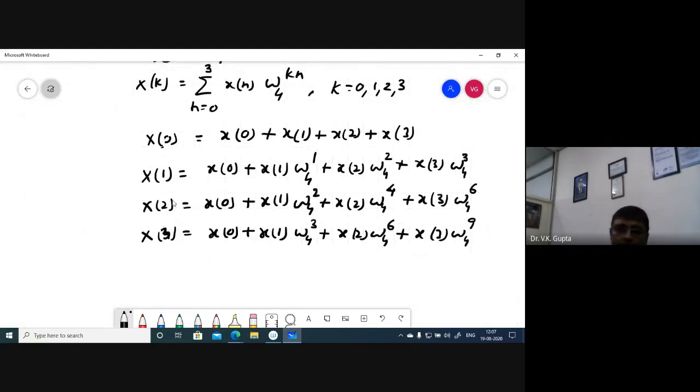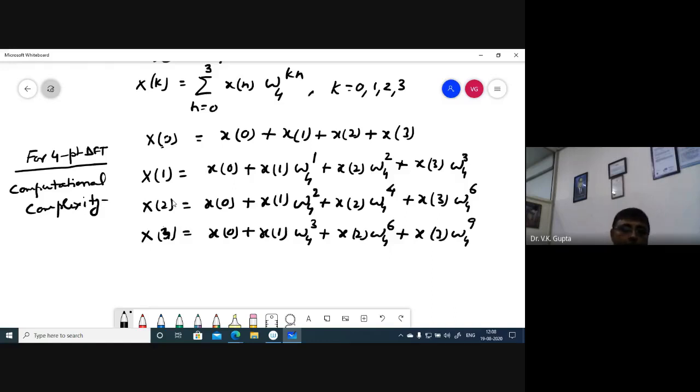So for the 4-point DFT, what will be the computational complexity? Computational complexity means the number of additions and multiplications.